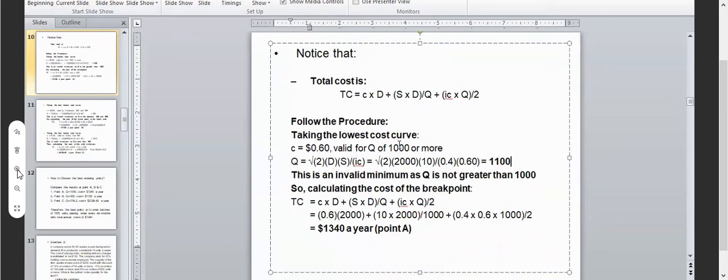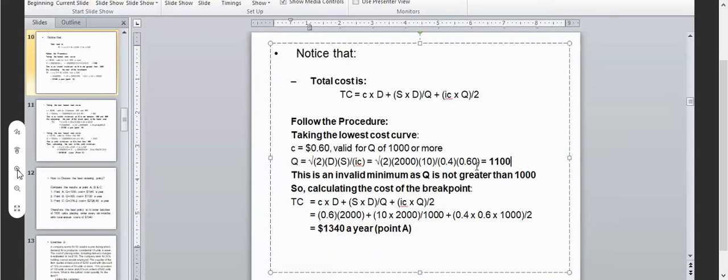Valid ni maksudnya kita layak untuk dapat harga 60 sen, kerana kuantiti pesanan kita mencukupi syarat yang telah ditetapkan, iaitu dengan pembelian 1000 unit ke atas. Kan?